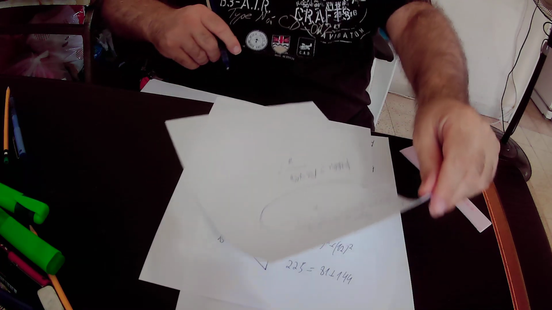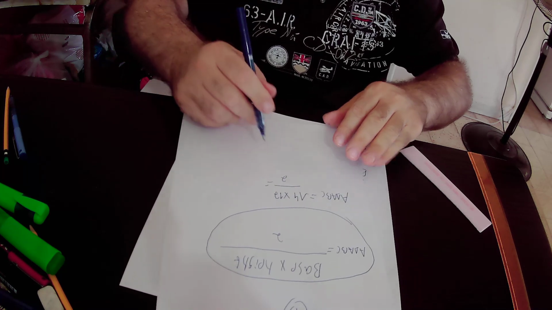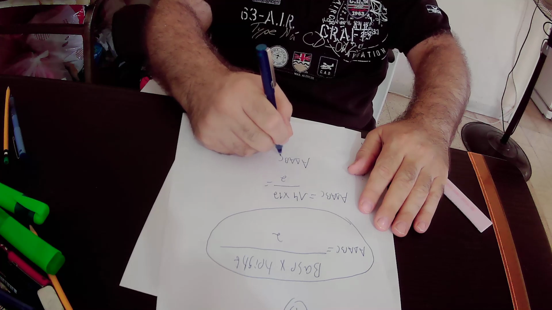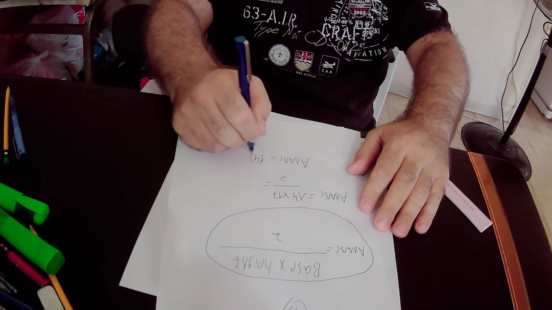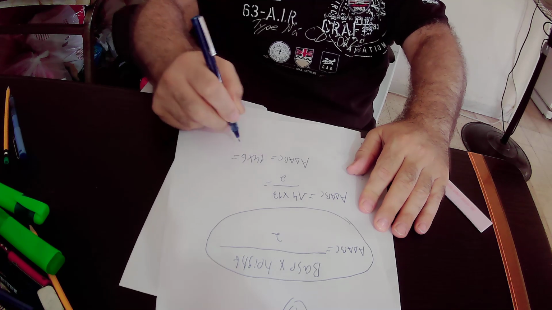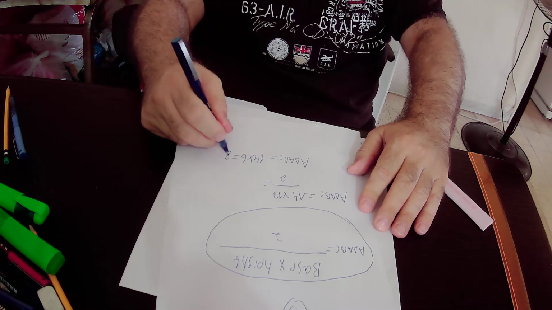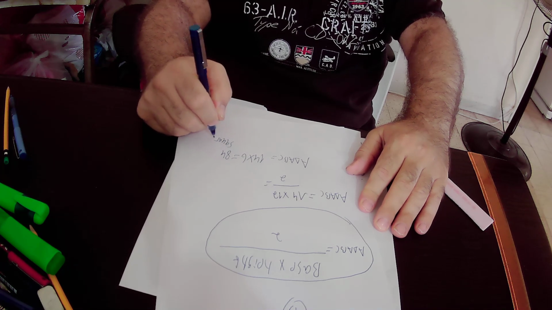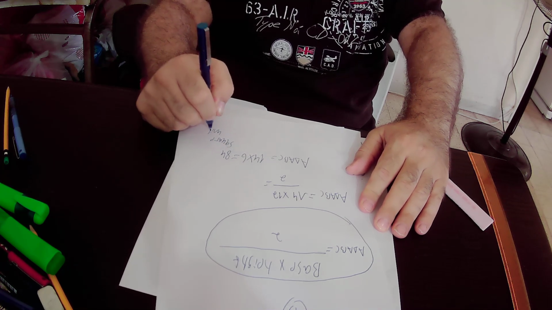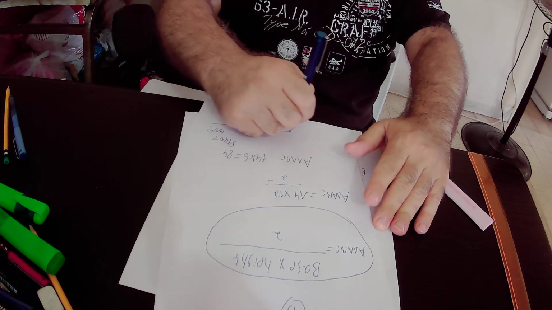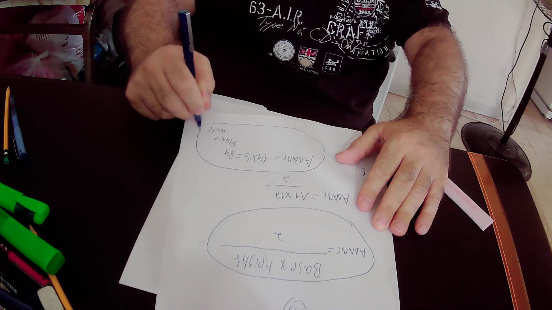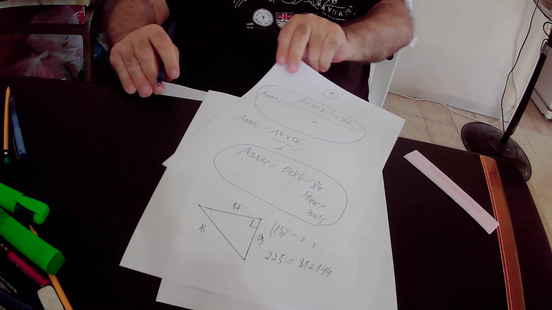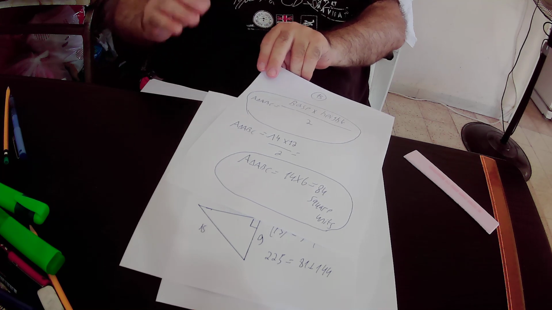So we got that the area of triangle ABC equals 14 times 6, and 14 times 6 is 84 square units. So we actually found out in a third way that the area of triangle ABC equals 84 square units.